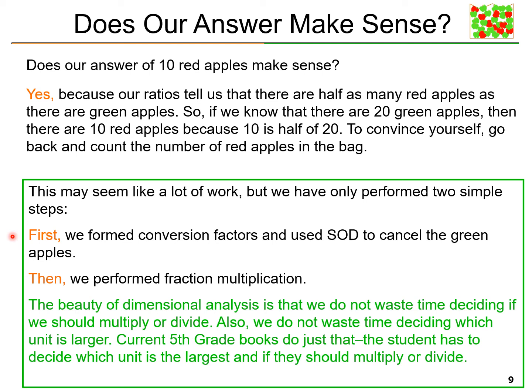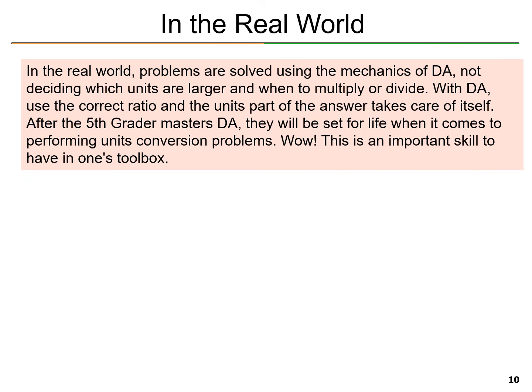Current 5th grade books do just that. The student has to decide which unit is the largest and if they should multiply or divide. In the real world, problems are solved using the mechanics of dimensional analysis.